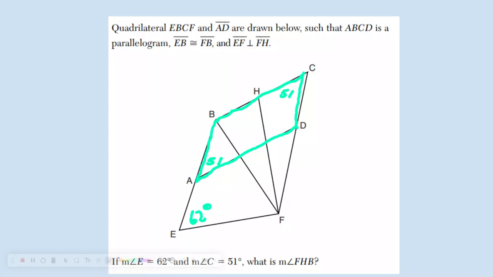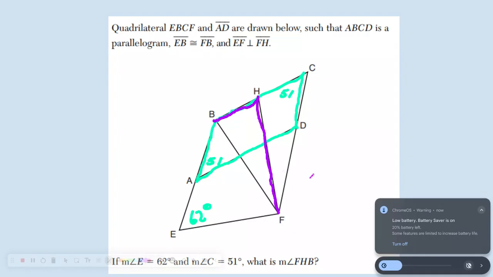We're trying to find the measure of FHB. Right, so we'll use a different color. We want to know F, just going straight up, FHB. We want to know that degree over there.